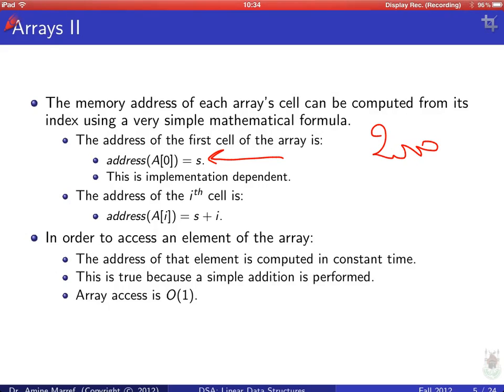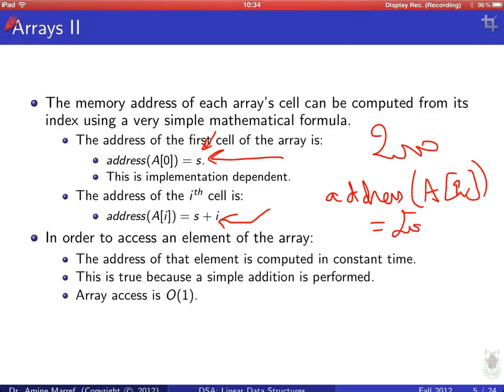So in order to fetch or access an element in the array, it's a big O of 1 operation. Now we can say that if we have a statement like x equals y plus A of 1, we know this addition is big O of 1, and we know array access is big O of 1, and so everything is big O of 1.